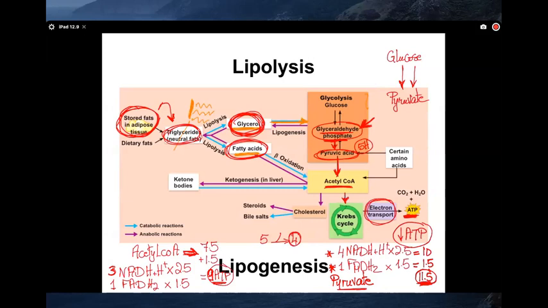So how many ATPs can I produce here, knowing this, from a triglyceride? About how many? You've got 9, you've got 11.5. So how many?